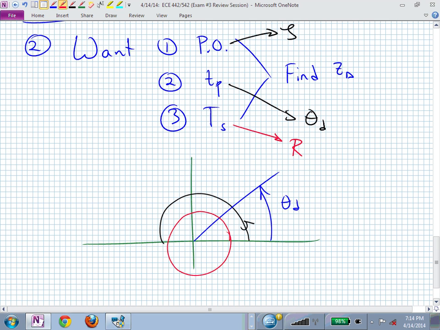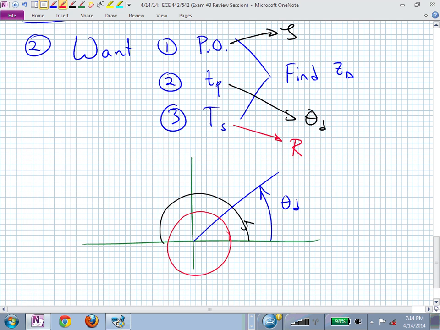Question? So in that case, if you told us you wanted a percent overshoot of 20% or more, would the answer be to just do this? Yes, so the question was, for that red disk, let's say that black heart logarithmic spiral corresponds to 20%.